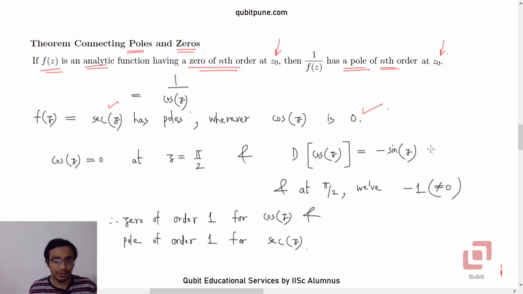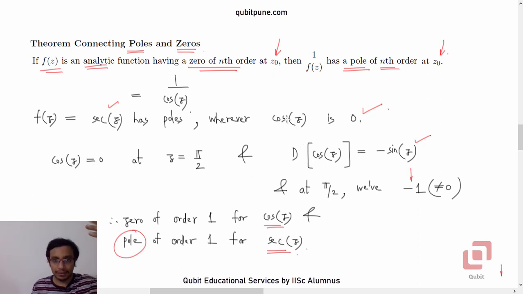And what is the derivative of cos z? Minus sin z. Now minus sin z is not 0 at pi by 2; it produces the value minus 1, which is clearly not equal to 0. So according to the theorem, pi by 2 is a zero of order 1 for cos z, and hence it becomes the pole of order 1 for its reciprocal, that is sec z.